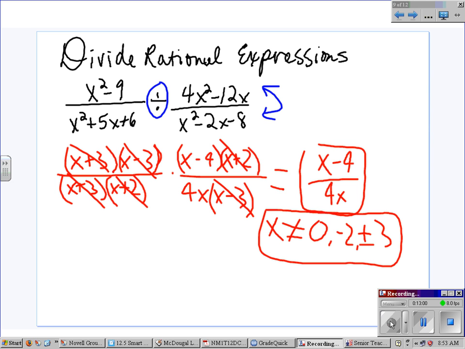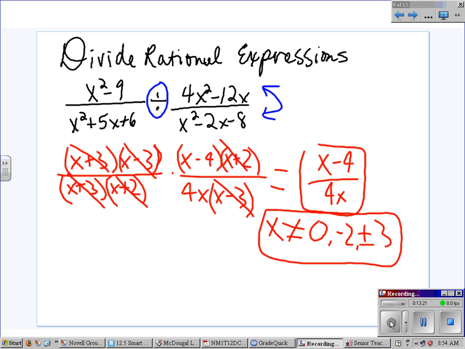Up here we have multiplied by the reciprocal of the fraction that follows the division sign. So what we've now done is made it into a multiplication problem, which we've been working on all morning. So division is no different than multiplication, except you have to change the division into multiplication.